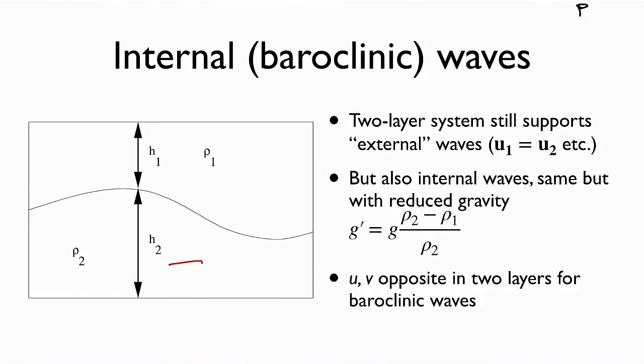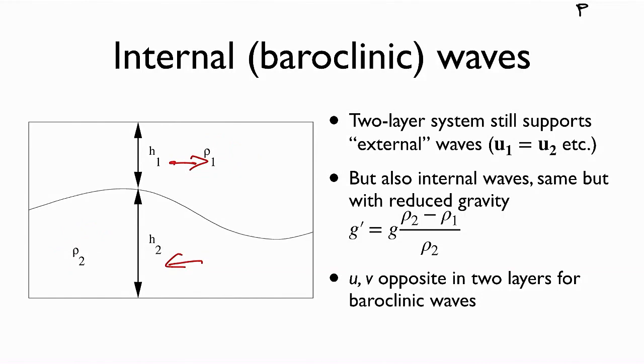So we could have velocities that look like that, okay? And then you would have no deformation of the upper surface, but big deformations of some intermediate surface. So the waves are all trapped inside the fluid. And you can have that as long as you have 2 different densities, a light fluid sitting on top of a heavy one.